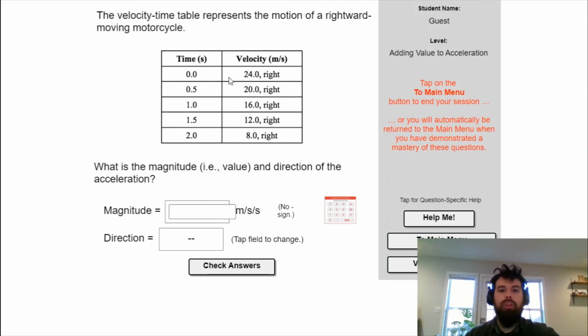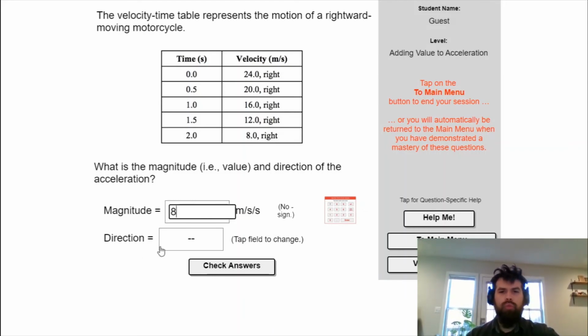So we go from time 0 at 24 to time 1 at 16. And then from time 1 at 16, we go down to time 2 and we're at 8. It would seem that we're going down by 8 every second. So that's going to be our magnitude. We're changing by 8 meters a second each second.